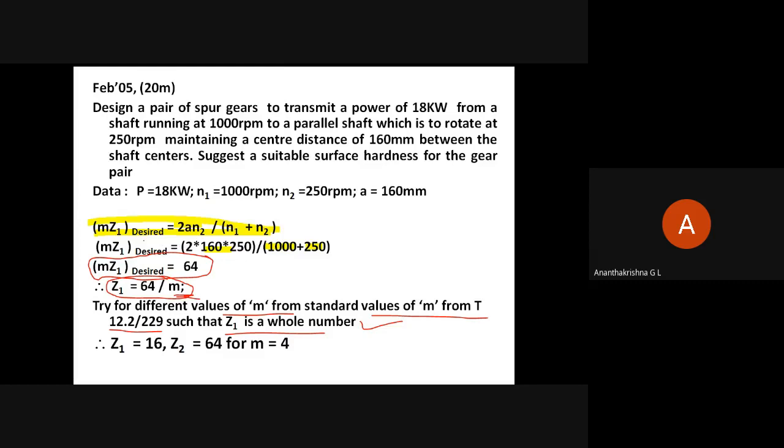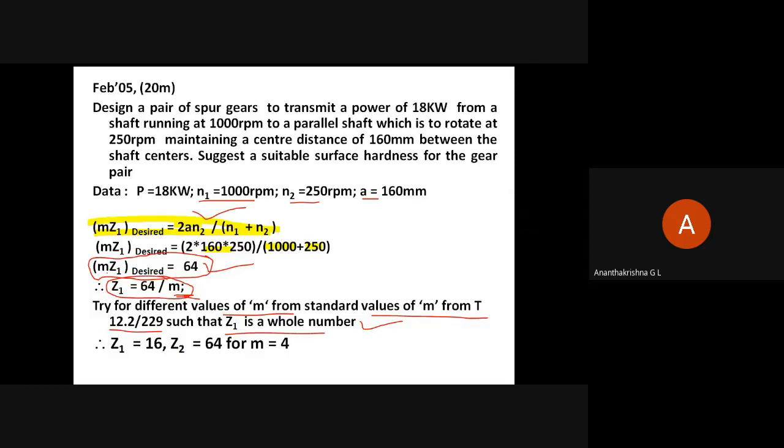First, take the m z1 desired equation, 2a n2 by (n1 plus n2). Substitute the values of n1, n2 and a into this. Simplify. You will get m z1 desired as 64.